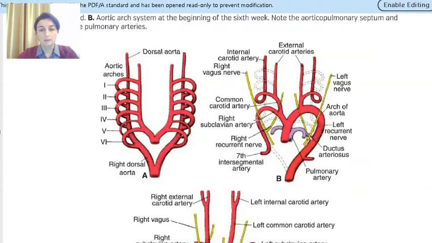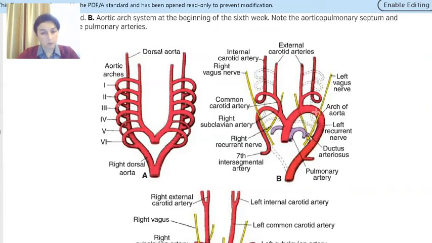And then this subclavian artery's remaining part develops from the remaining part of the dorsal aorta, as we see here, the right dorsal aorta, and its remaining part will continue as a continuation of the right subclavian artery, and also some part of it will develop from the seventh intersegmental artery.